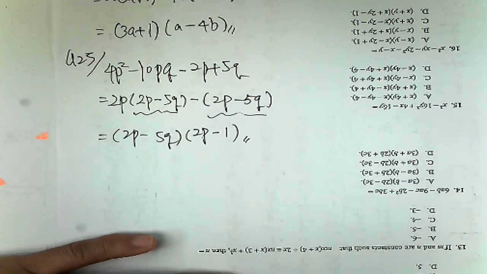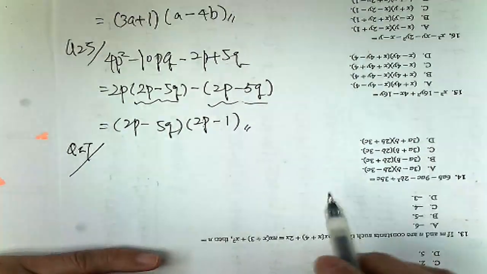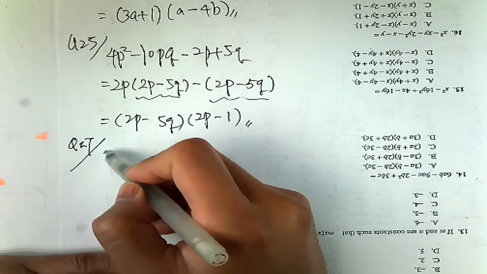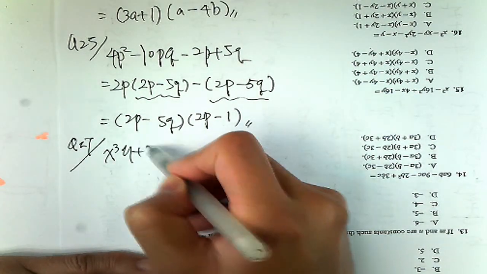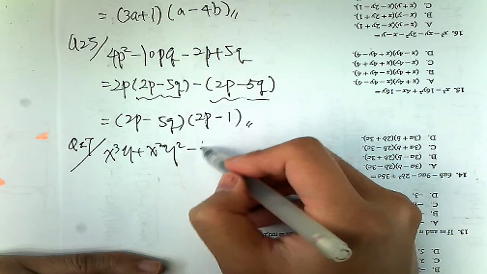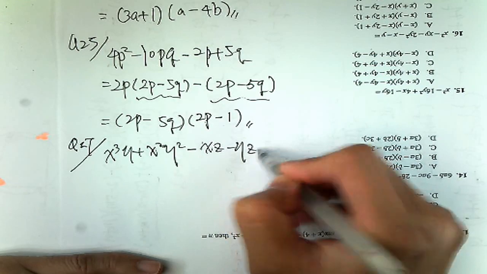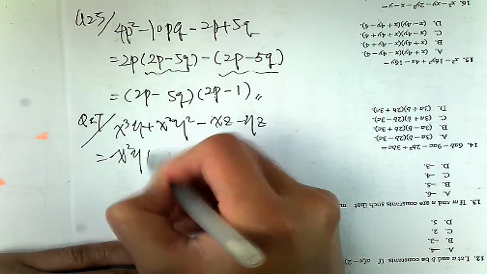It's okay? So go to 27. X cubed plus x squared y squared, and then minus xz y minus yz. So for the first two terms, you can pull out x squared y, right?